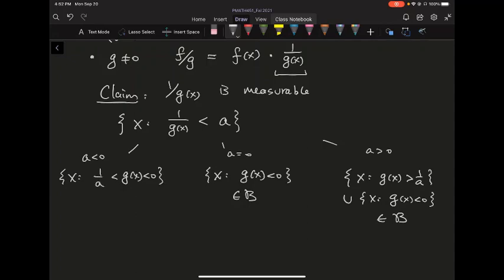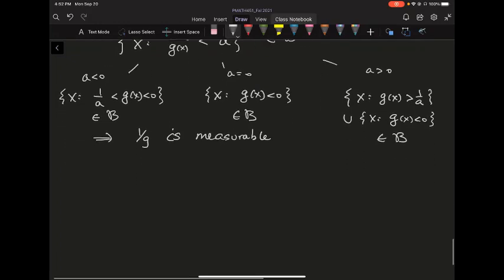This is just the g inverse of the open interval from 1 over a to 0, and it's again inside B. So in any case, we know that this is inside B. This essentially proves that 1 over g is a measurable function, and we can multiply with f, so f over g is also measurable. So this finishes our proof.